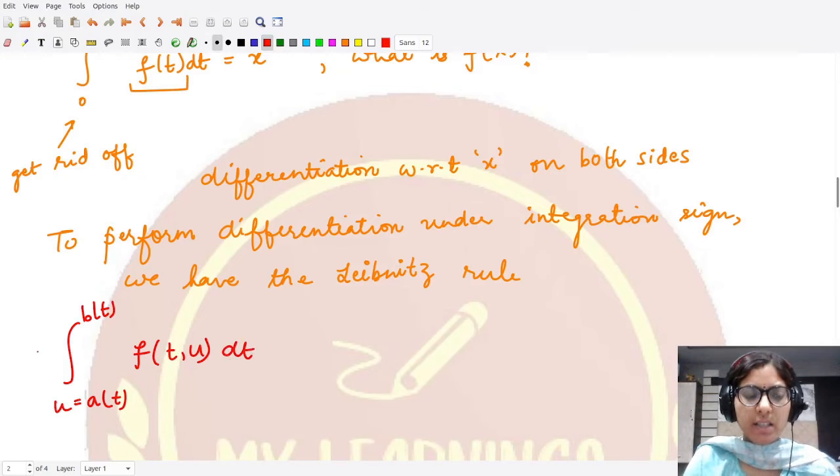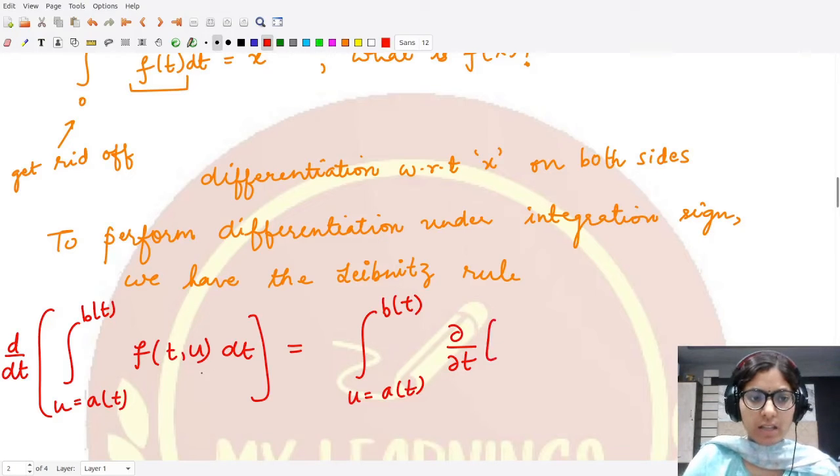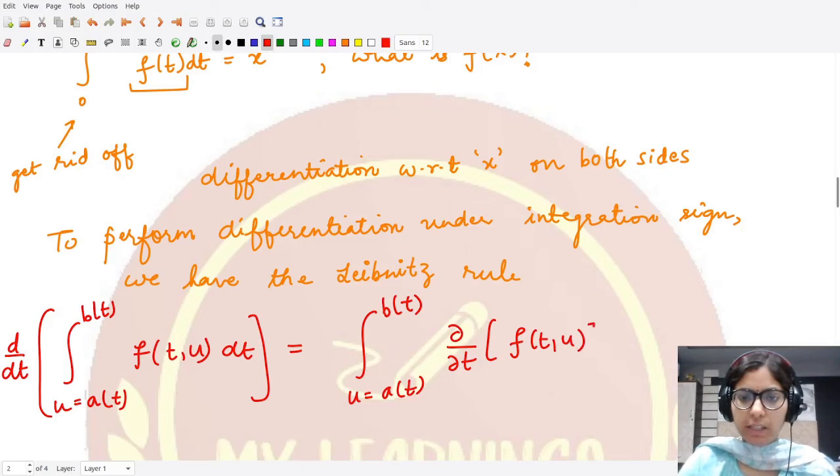So whenever we want to calculate the derivative of this integral, it is equal to the integration with the same limits, but now we will first perform the partial derivative of the inner function, that is f of t comma u, du, right?